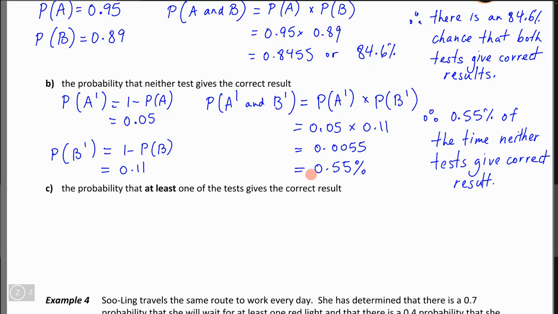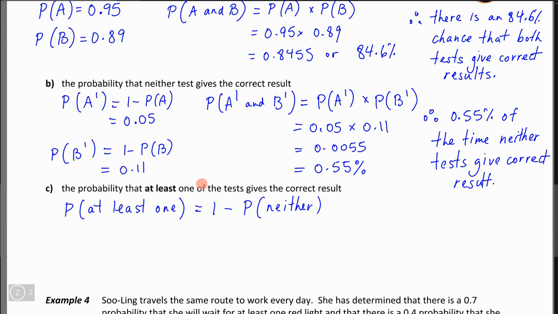Okay. Part C, find the probability that at least one of the tests gives the correct result. So the probability of at least one test is going to be equal to 1 minus the probability that neither of the tests gives the correct result.